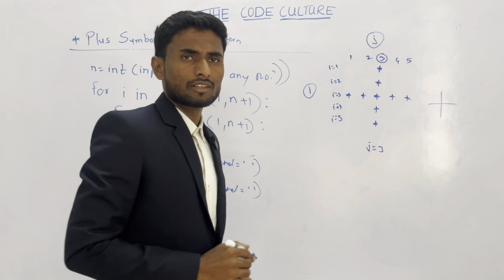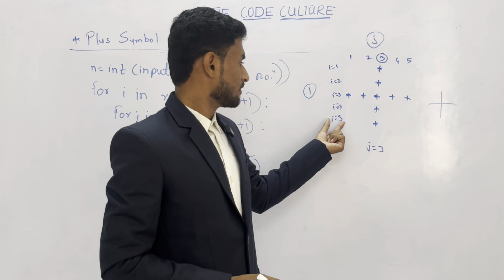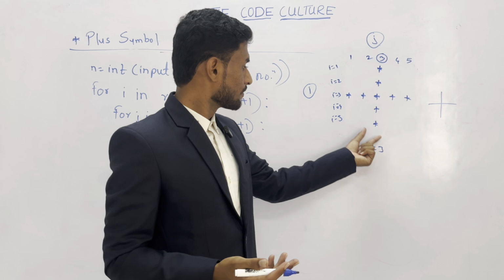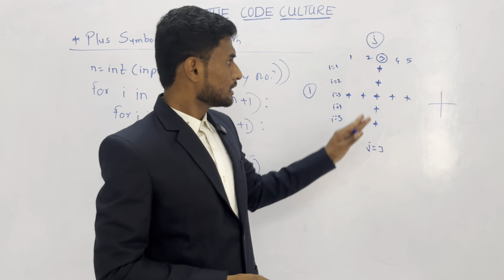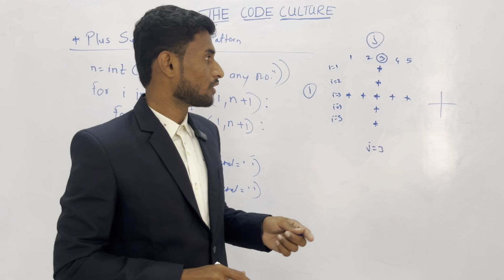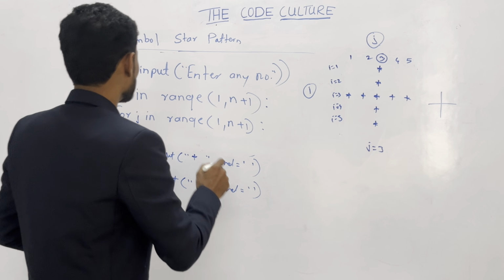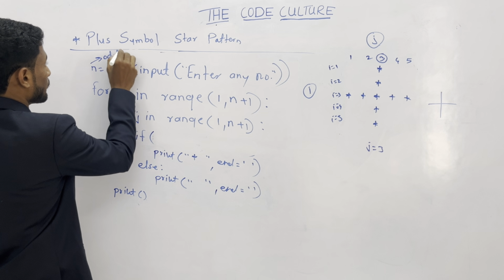But I can't write j equals 3 directly because our n is not fixed. If my n value is 9, we'll get j equals 5. But always remember, while printing the plus symbol in star pattern form, always take the value of n as odd. Why?